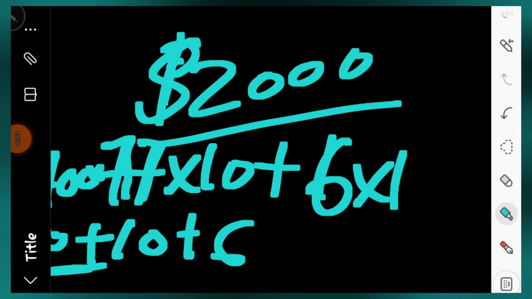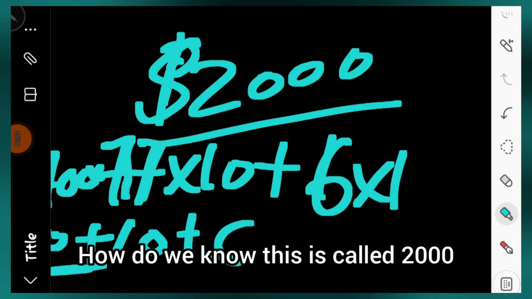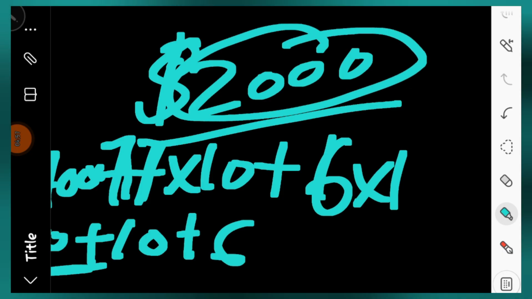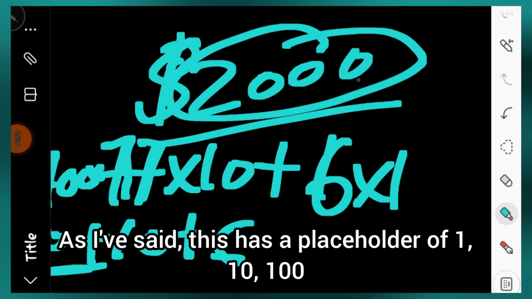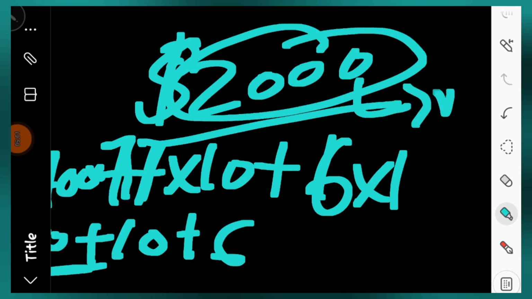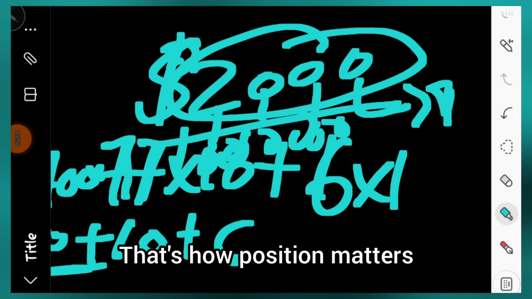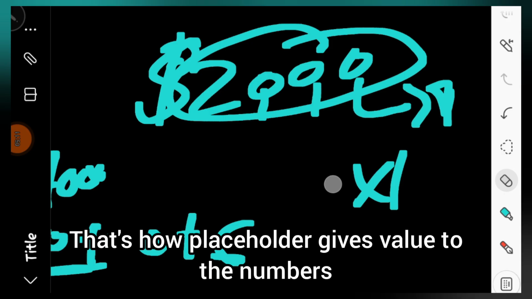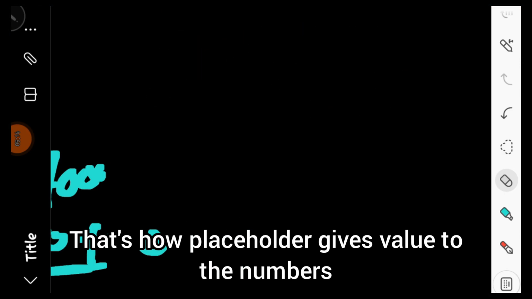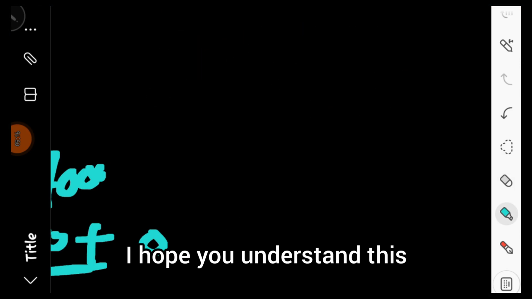No, we call it 2000. How do we know this is called 2000? Because of placeholder. As I have said, this has a placeholder of 1, 10, 100, and 1000. That's how position matters. That's how placeholder gives value to the numbers. I hope you understand this.